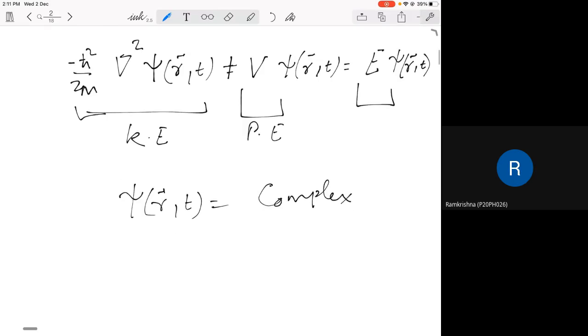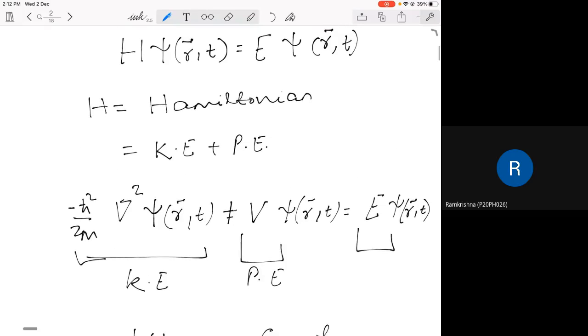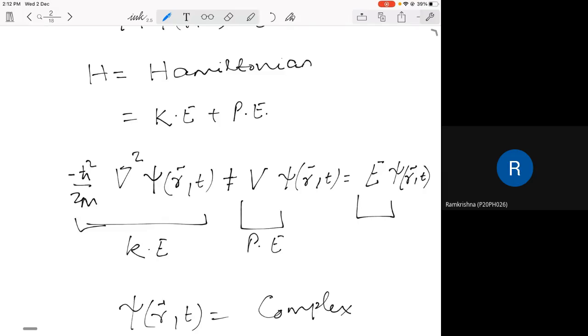To describe the quantum mechanical behavior of a particle, what you need is to first define the Hamiltonian. You have to write down the kinetic energy term and the potential energy term experienced by your quantum mechanical particle, and then you have a wave function psi, which is a function of position as well as time.